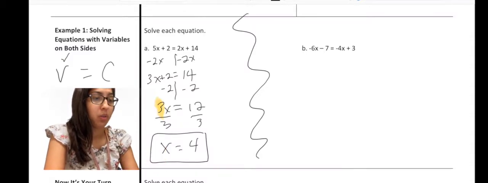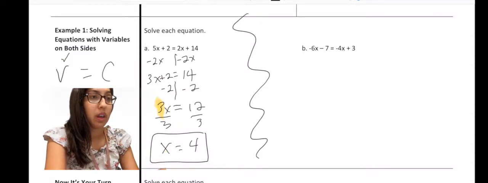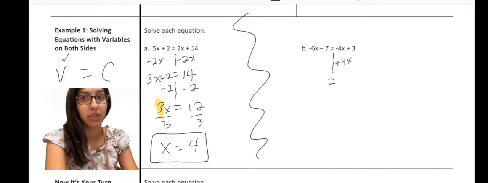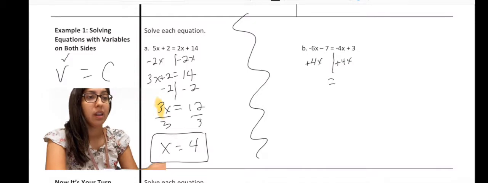So in order to get rid of that negative 4x, I need to do a positive 4x. And remember, like term, the only like term is that negative 6x, so plus 4x. Negative 6 plus 4 is going to be negative 2x. Make that negative bigger. Bring down that minus 7.